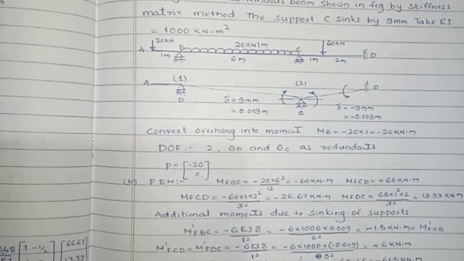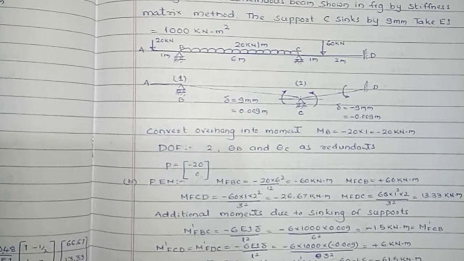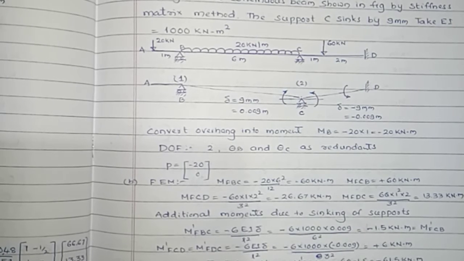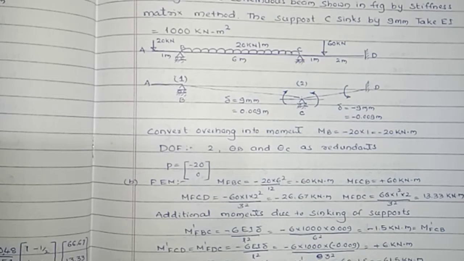At coordinate 1 or at B, there is the overhanged portion, an anticlockwise moment of minus 20, that is 20 kilonewton meter already acting at that point. Hence, P1 is minus 20. At C, there is no such moment, hence P2 is 0.